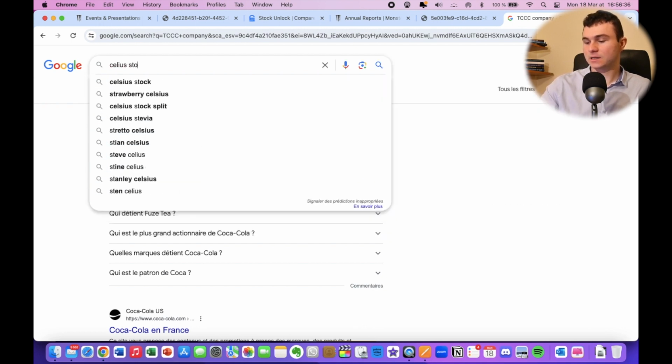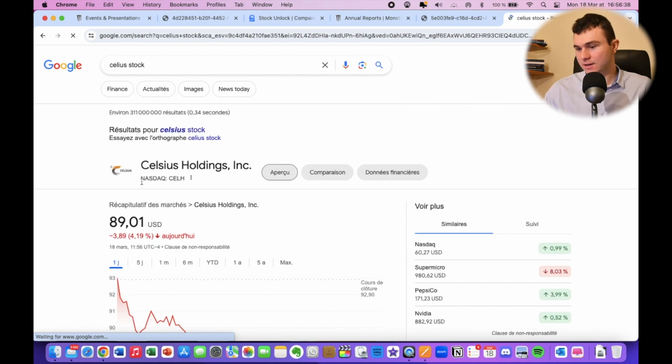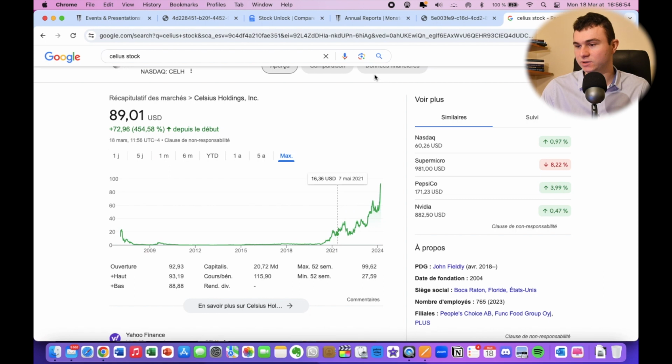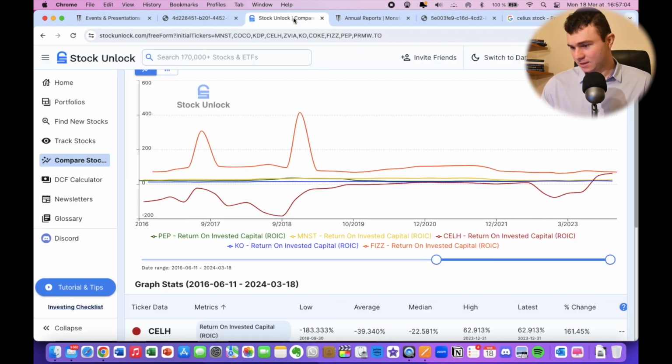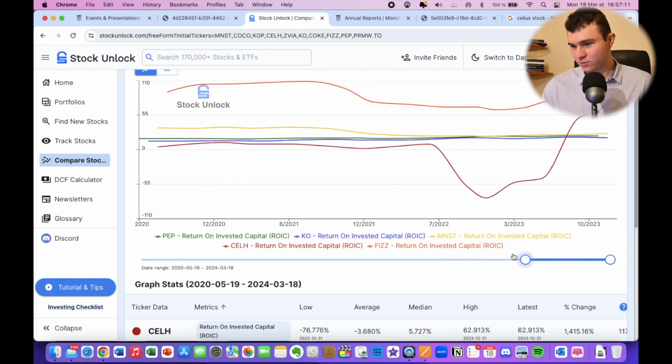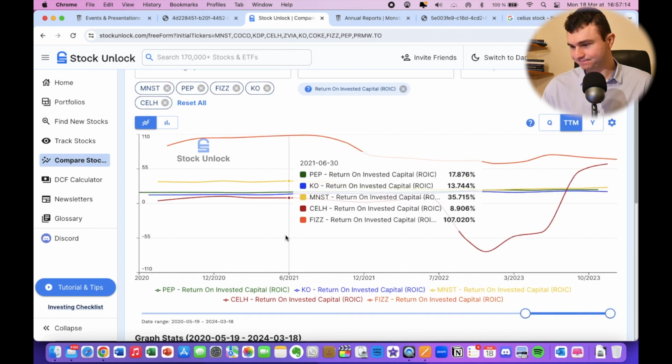The Celsius stock has done beautifully since the pandemic, since 2020. But before that, it was absolutely horrible. I think there was a major change in 2020, but before that, it was a terrible business. If you compare it with Monster Beverage, which has been profitable for 30 years in a row, let's compare the recent years where the gap is not wide.